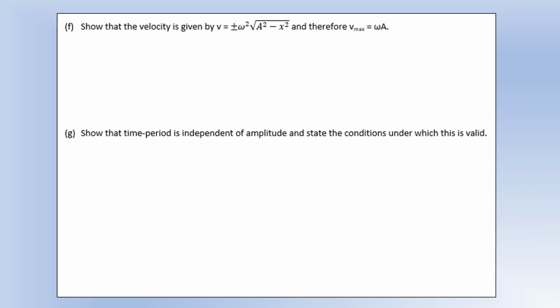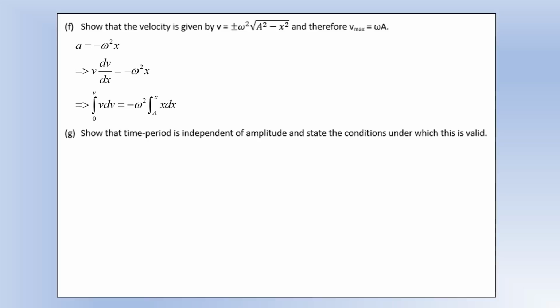So next we'll look at another equation we often use to model SHM. We can calculate the velocity at a given displacement. So we start with exactly the same equation, but we approach it in a different way. Instead of putting acceleration as the second derivative of displacement, we can also make it equal to velocity times the derivative of velocity with respect to displacement.